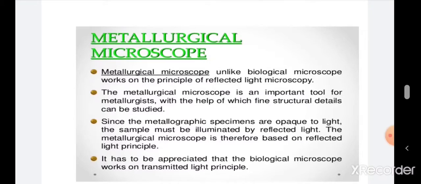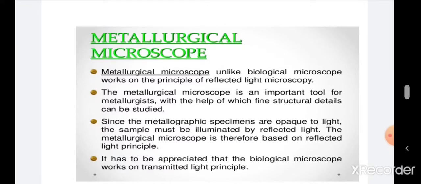The reflection of light. It works on reflection of light. Metallurgical specimens are opaque to light. The sample must be illuminated by reflected light. The metallurgical microscope is therefore based on the reflected light principle.